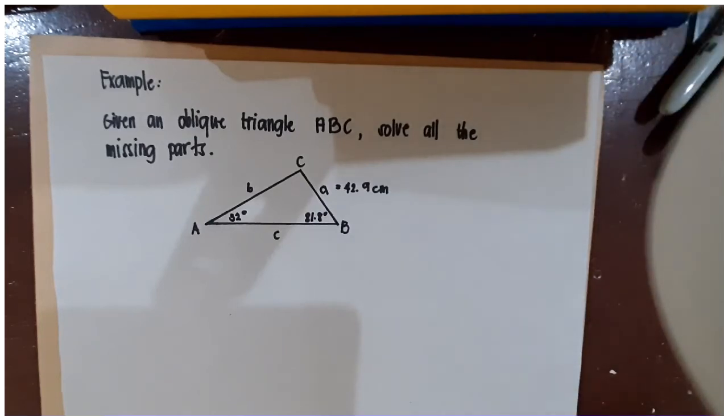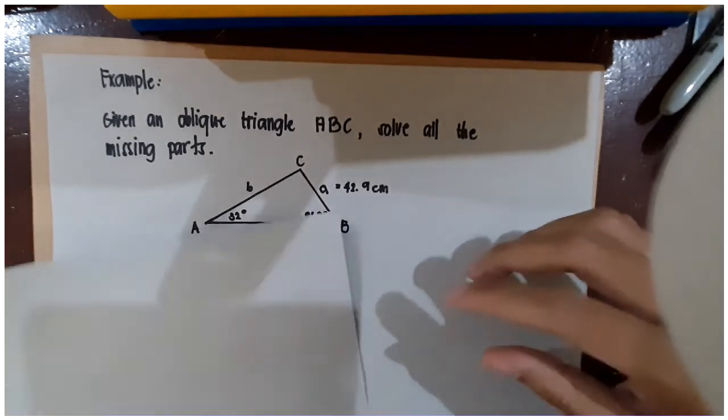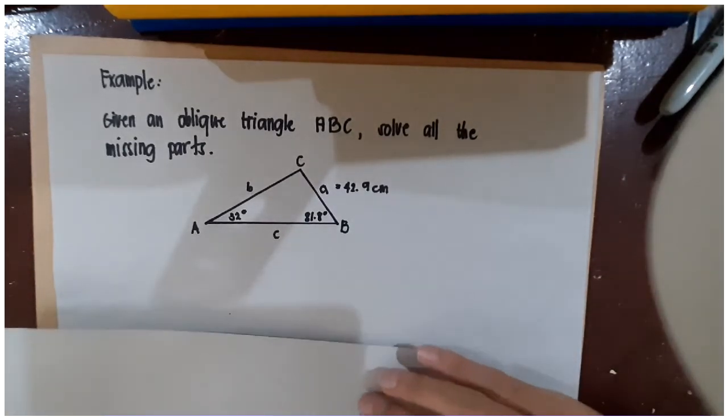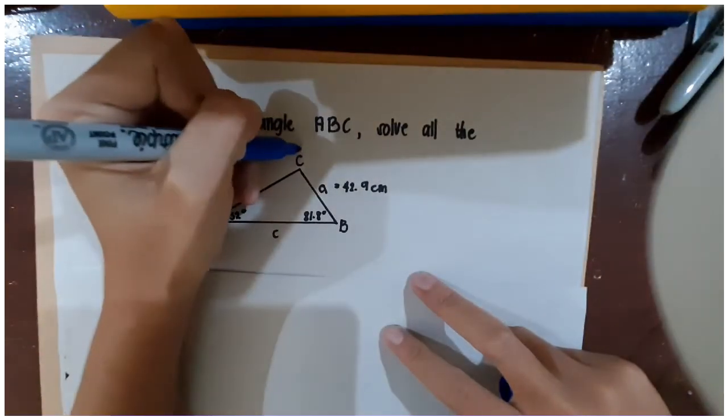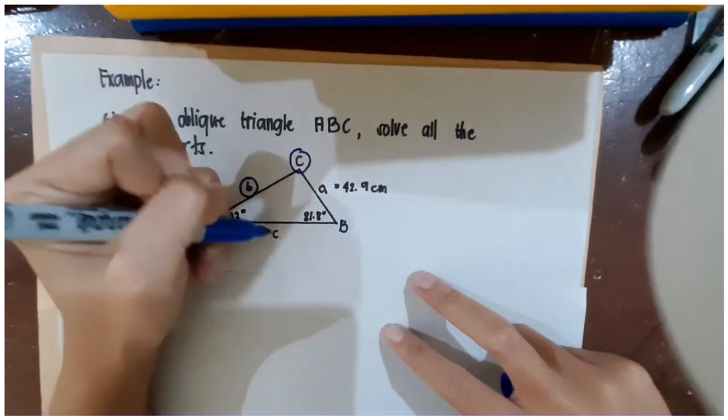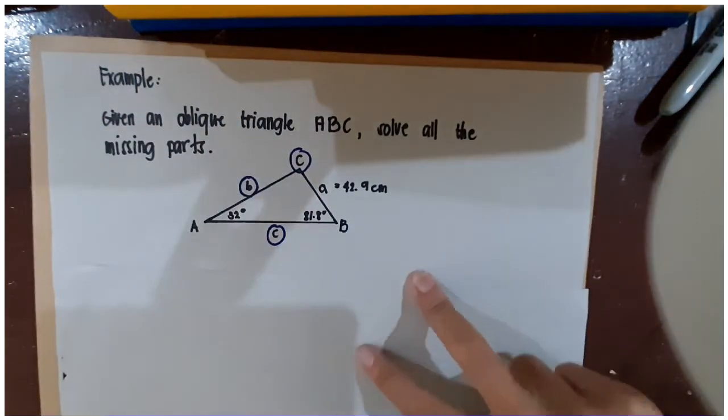So in this case, your missing parts is, I think you have to look for the value of your angle C and then the value of your sides B and C. So ito yung missing parts. Ito, tsaka ito.